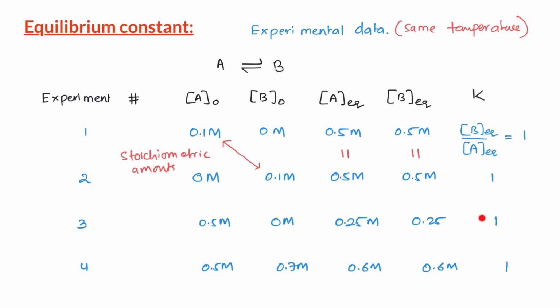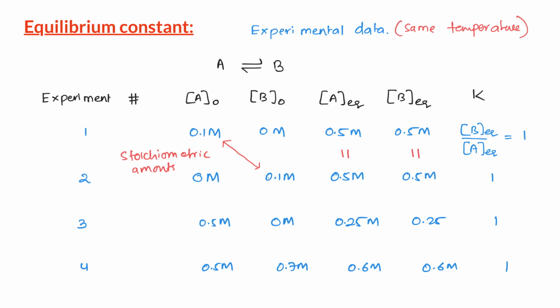Equilibrium constant is 1. In experiment 4, we have both the reactants at the beginning, that is 0.5 molar A and 0.7 molar B, and the equilibrium concentrations are 0.6 molar A and 0.6 molar B.